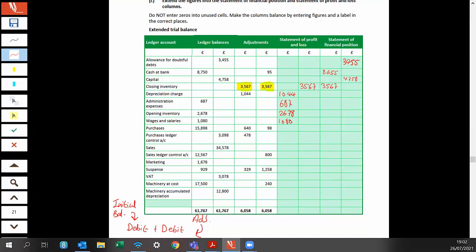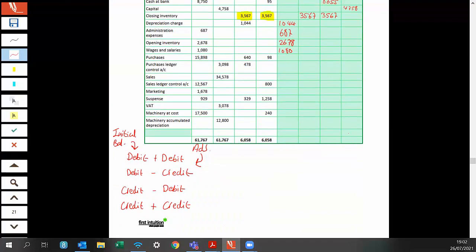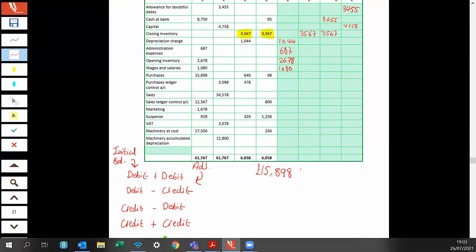Purchases. So this is quite an interesting one. We've got our initial balance. We've then got two adjustments, a debit and a credit. We just apply the same logic here. So we'll write this one down just to make it a bit clearer. We've got 15,898. So that's the debit. So we're going to add on the debit adjustment of 640, and we're going to take away the credit adjustment of £98.